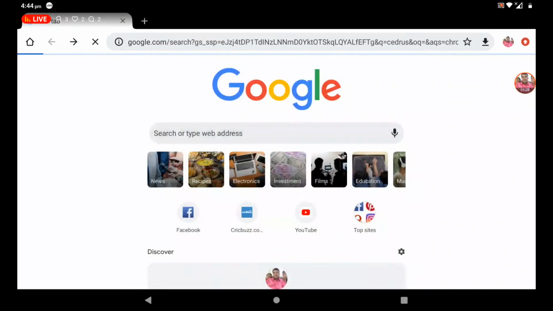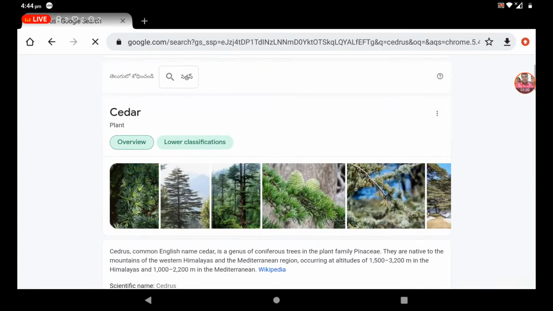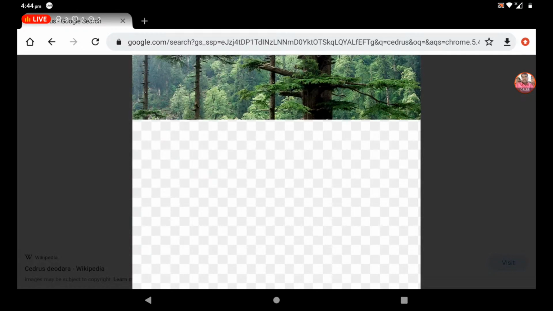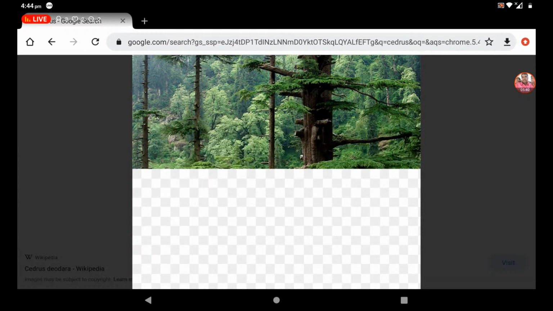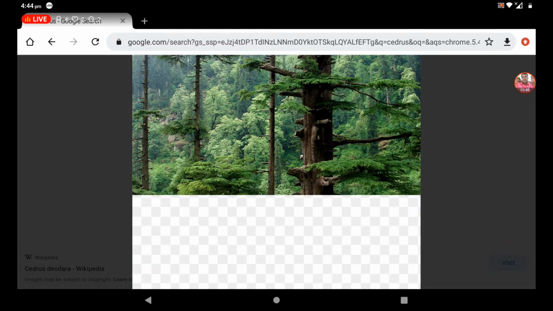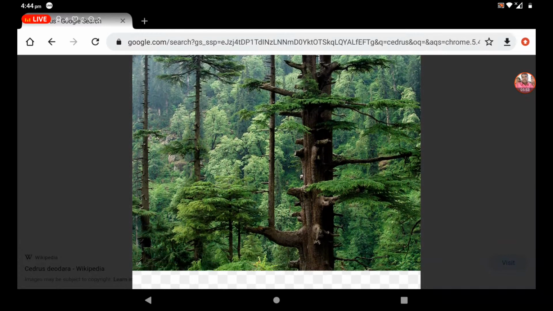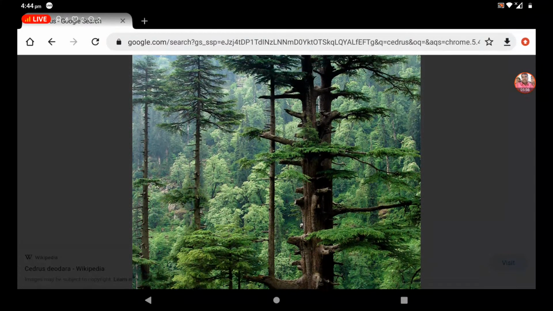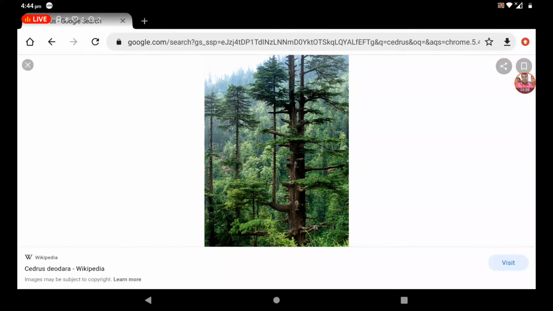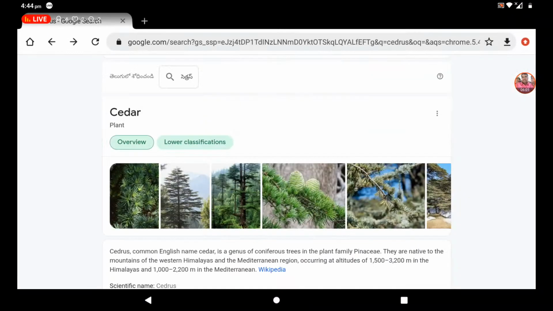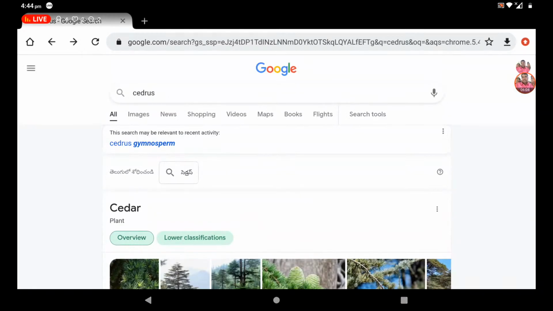And one more plant we have is cedrus, which is also unbranched, like cycas. So we have cedrus, cycas, and pinus, which is already shown.